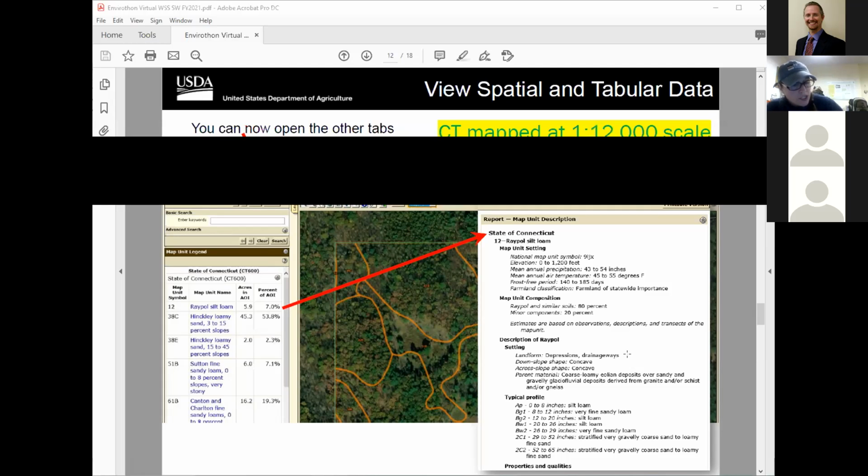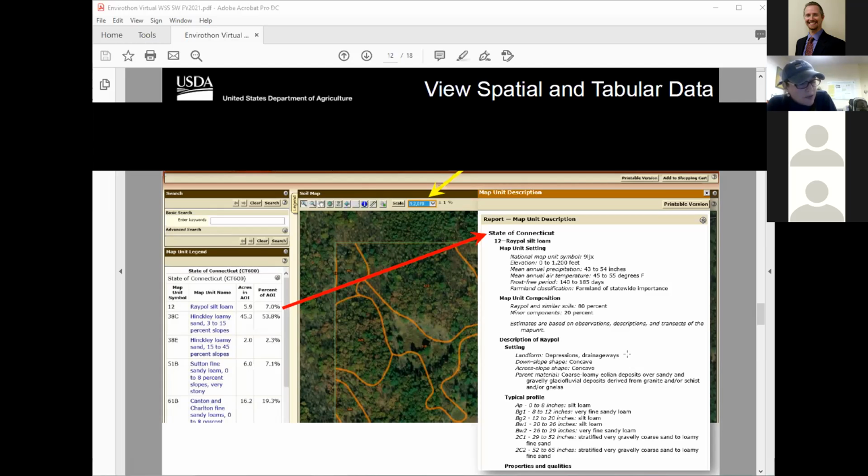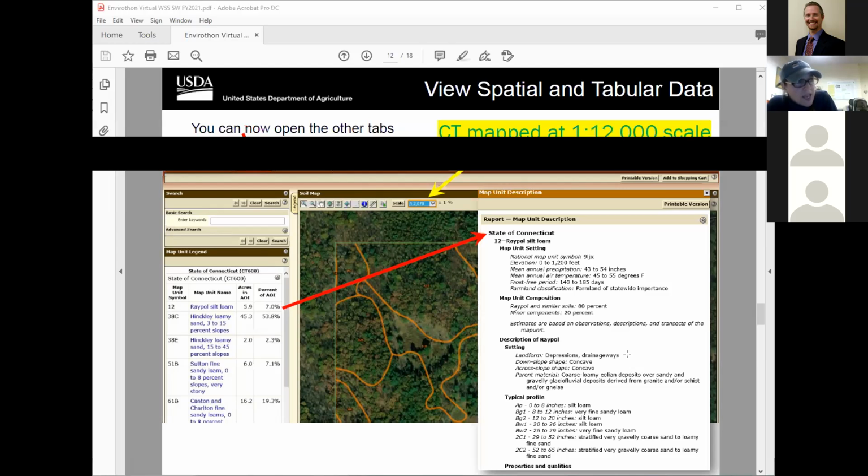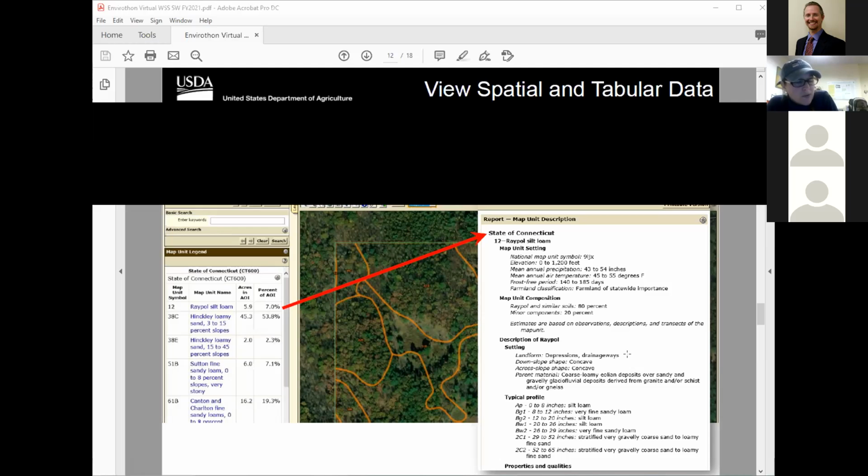So here's the bonus question. What is the typical soil surface, or the Ap horizon texture, of the Rapel series?